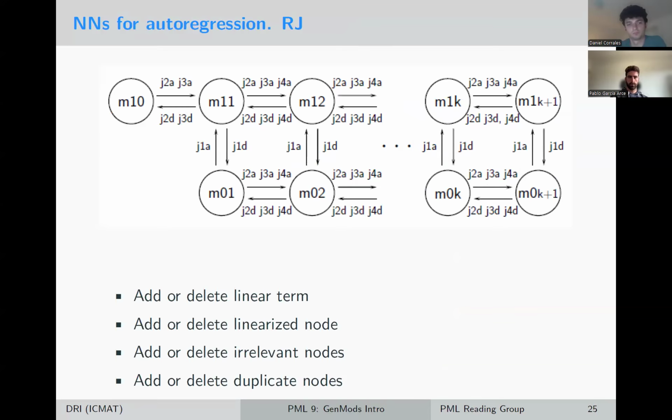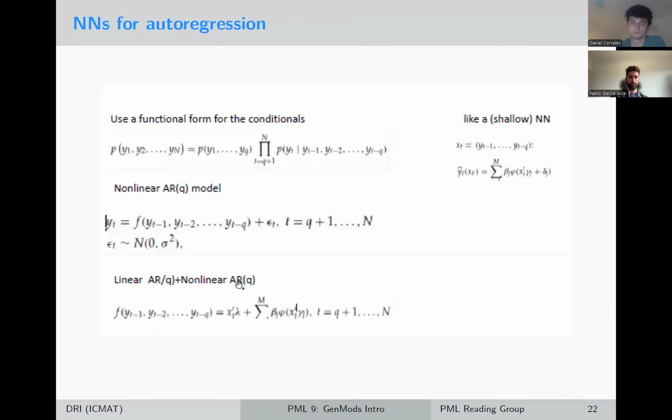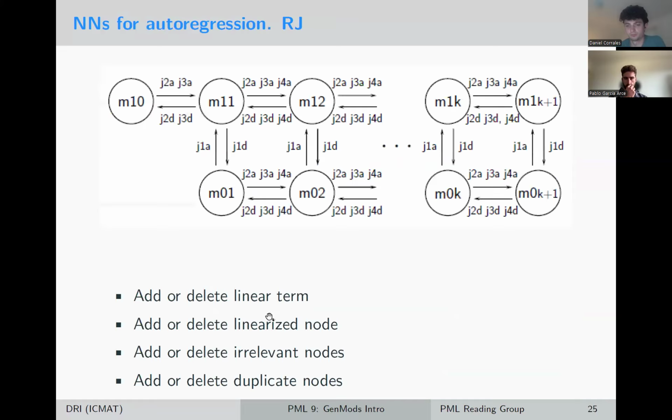That was what is called a fixed architecture. But we could say, well, maybe there's no linear term, or maybe I don't need a nonlinear term, or maybe I have one nonlinear term, or three or seven or whatever. So that's why we allow the architecture to evolve. The idea is that we have a whole family of models.